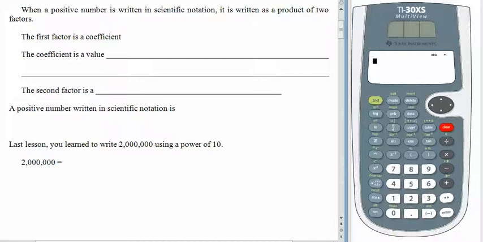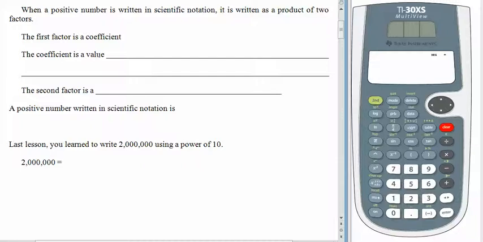You've heard that word before. We've had coefficients on algebraic terms like 7x squared, and the coefficient was just the first number, the number out front, that was being multiplied by the other part. Nothing has changed here. The only thing is that with scientific notation, our coefficients are limited in how big they can be.